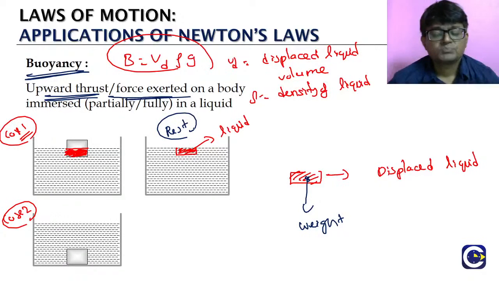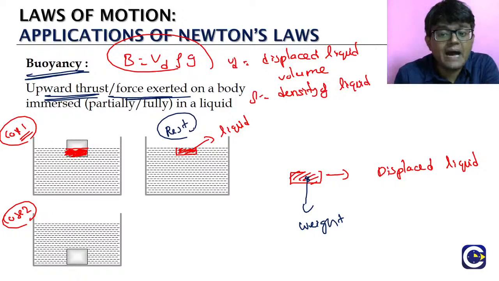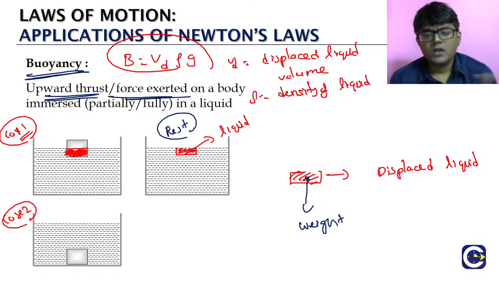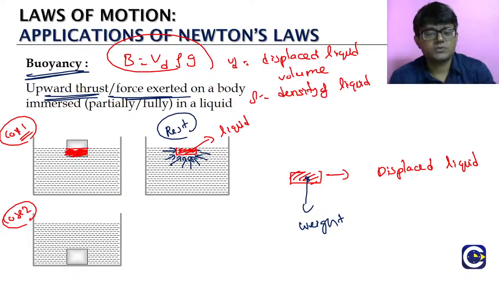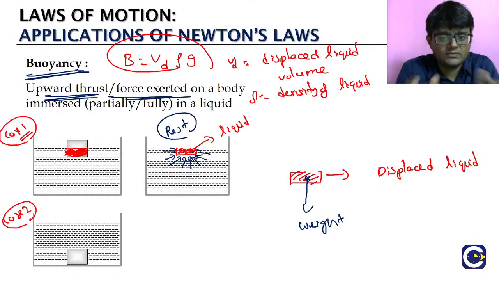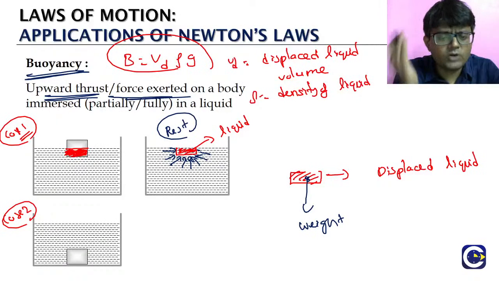Means there must be some force acting which is able to balance the weight. How does this force come? It will come from the interaction with the nearby liquid molecules. We don't need to worry about the kind of interaction and all that.